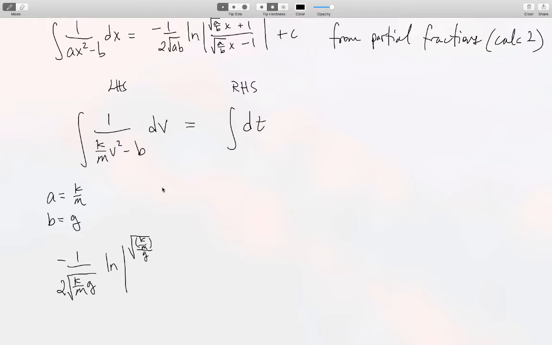I have a variable of integration right now that's v, so I'm switching out of x, I'm switching it to a v, plus 1.